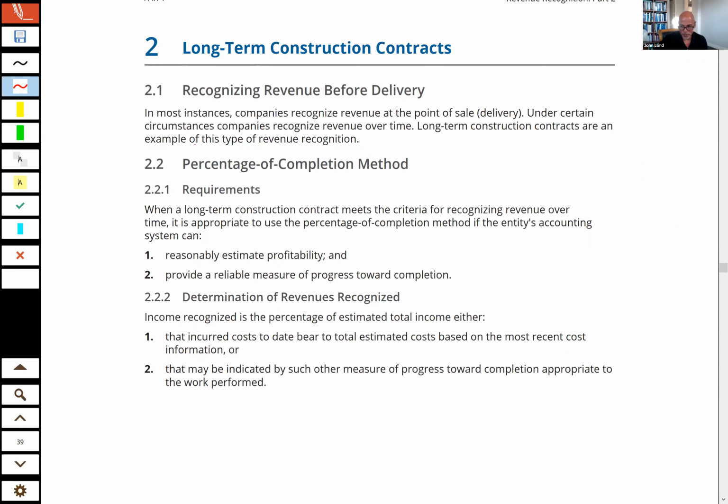Okay. Anyway, let's take a look at long-term construction contracts. Now, here's what's going on. There was a time in accounting where we had an option between completed contract method and percentage of completion.